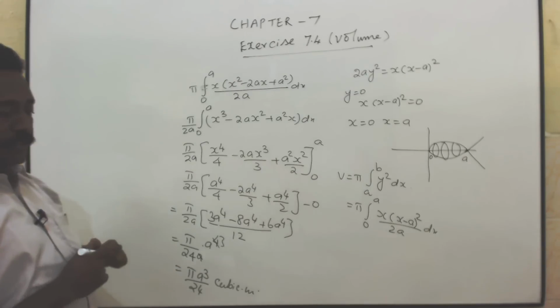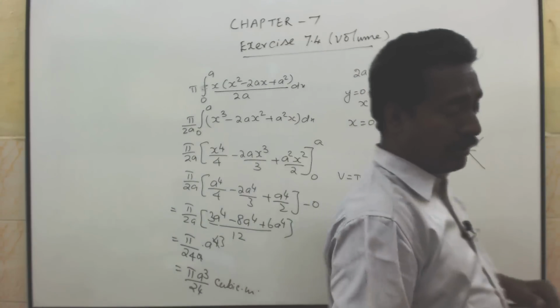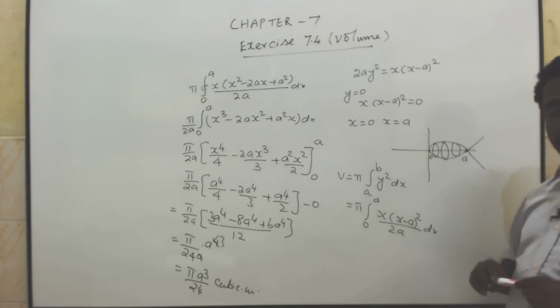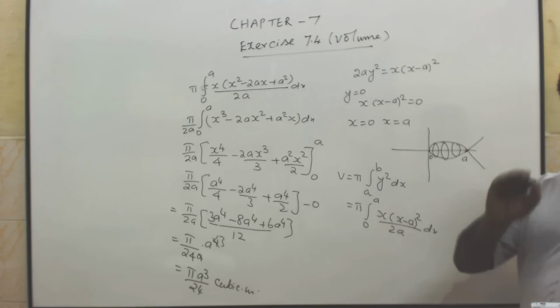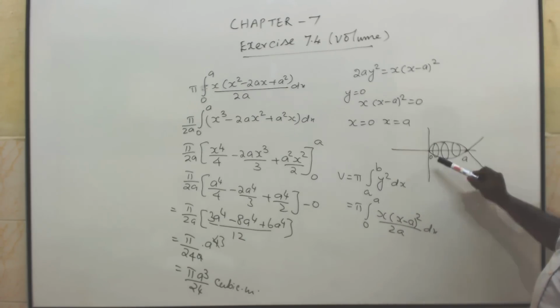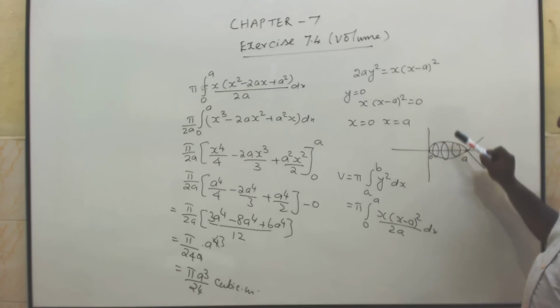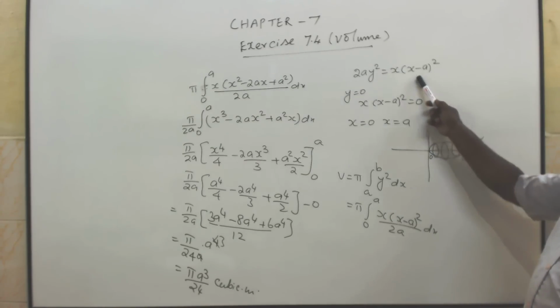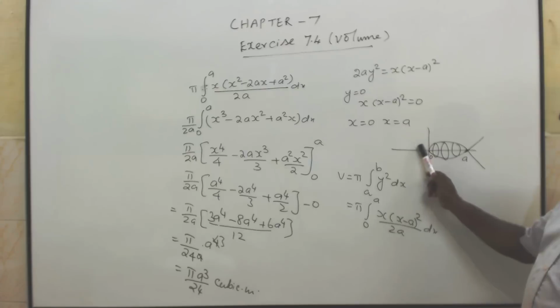Once again, listen: first you have to draw the diagram. In exercise numbers 7.4 and 7.5, whenever you solve that problem, first draw the diagram. Here it is a loop between 0 and a. How do you verify whether a loop forms between 0 and a? In between, substitute any one value; if it is positive, there is a loop between 0 and a. For the extension, suppose minus a: when we substitute minus a it is negative, so the curve does not exist in this region.